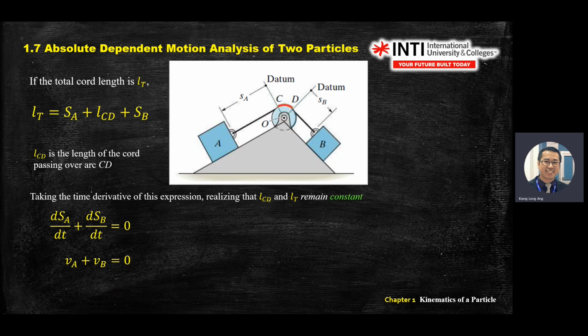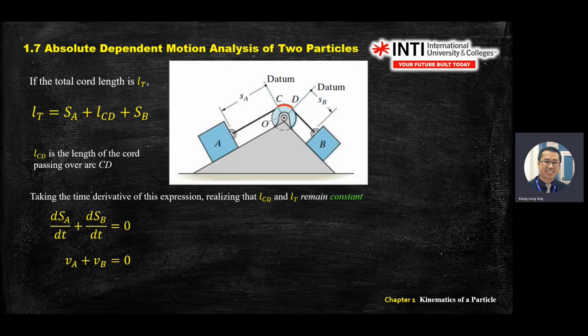So 0 equals VA plus 0 plus VB. You rearrange, you get VA plus VB equals 0. Okay, so this is how you derive the equation from the total length to velocity.